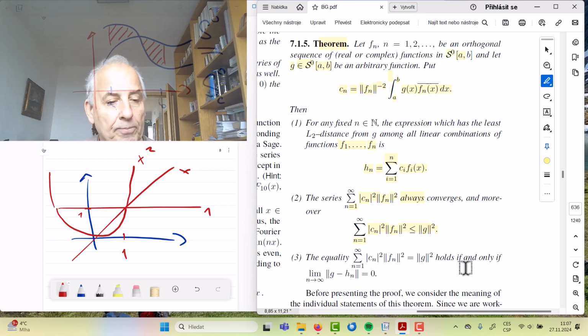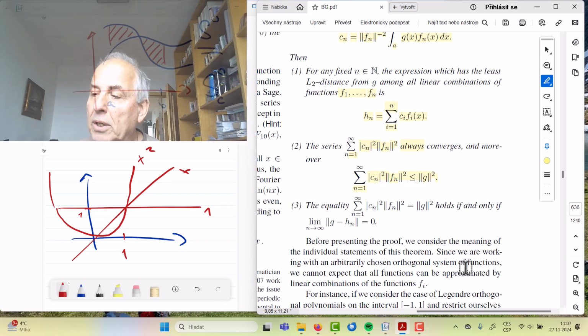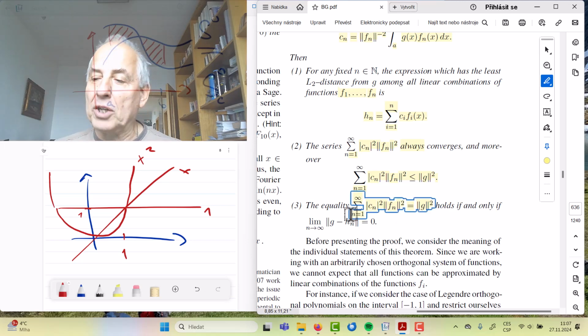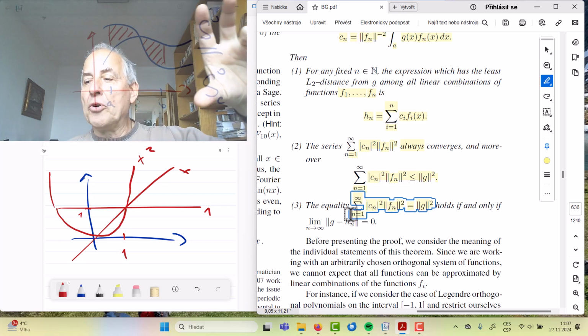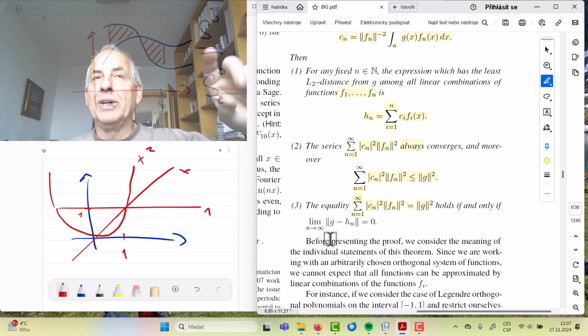So that's the Bessel inequality. And then there is the so-called Parseval equality, which says that actually the equality holds if and only if the sequence of partial sums converges to G in L2 norm.